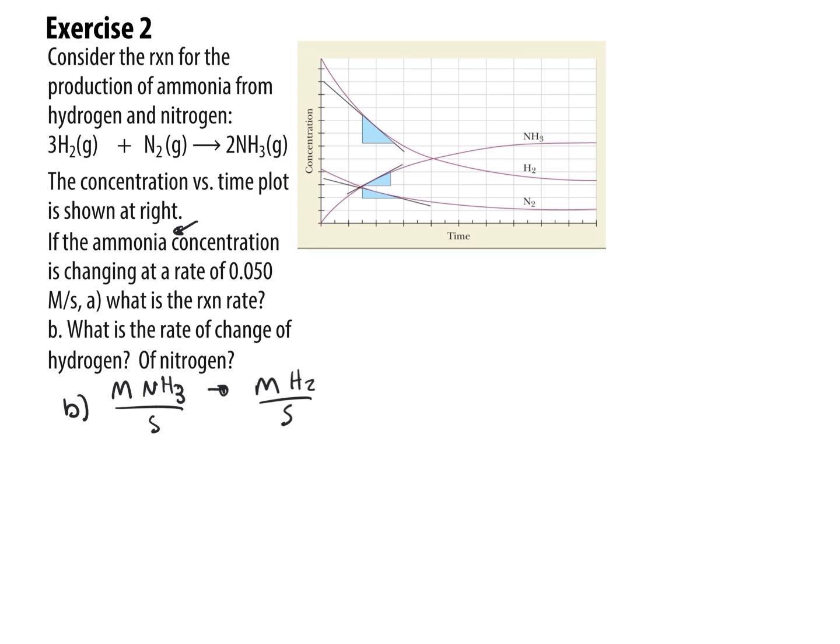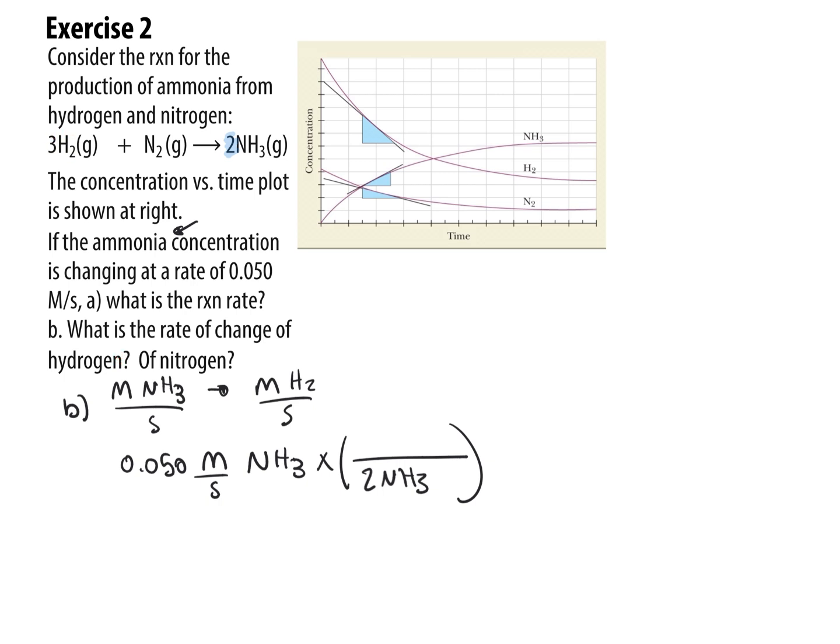That's just a mole-to-mole conversion factor, so I'm going to start with 0.050 molar per second of NH3, and I'm going to multiply that by, okay, how many NH3 do I have if I look at the coefficients? My coefficient on NH3 is 2, and it's a product, so that's going to be 2 NH3 down here. The thing that I have goes on the bottom. The thing that I want is H2.